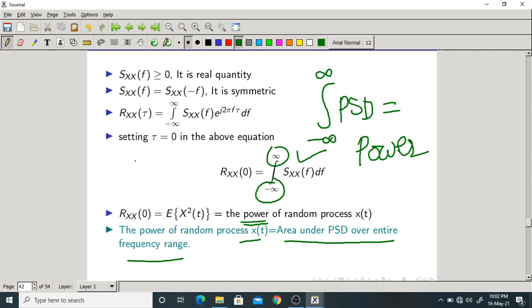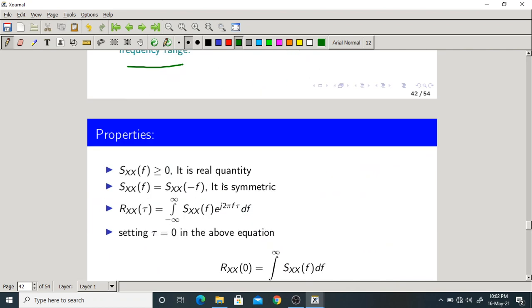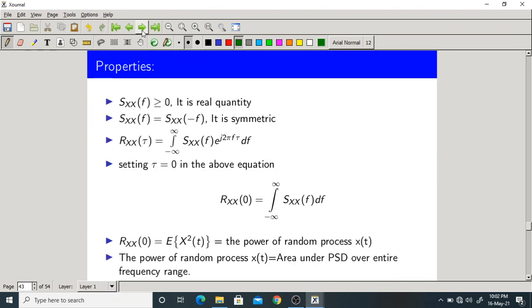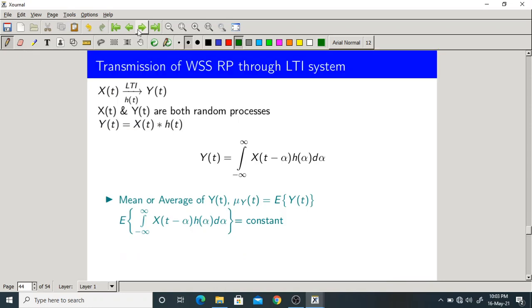In the same way, if you take the area under the energy spectral density, ESD, meaning energy spectral density, you get energy. So these are some of the things.